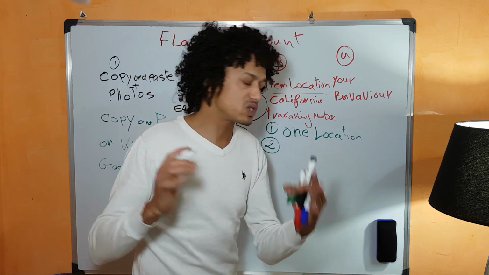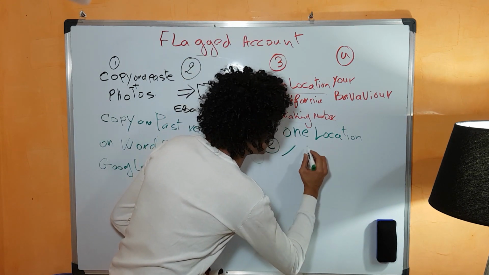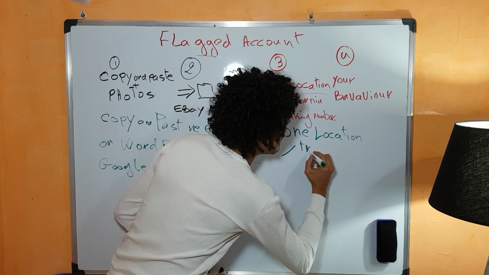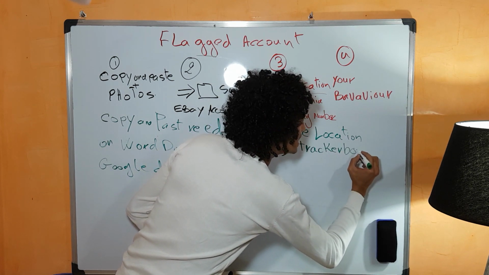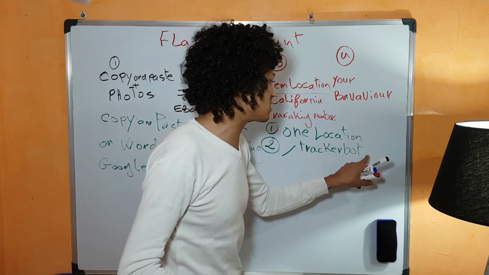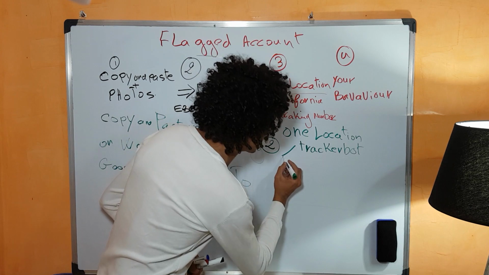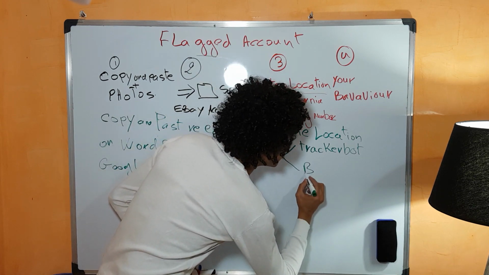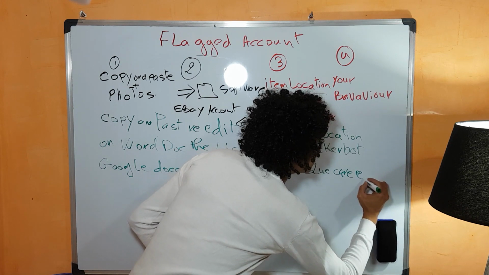There are two types. One is TrackerBot. I'm not sure if it's .net, but you can Google it. TrackerBot, and the second one is Blue Care Express.